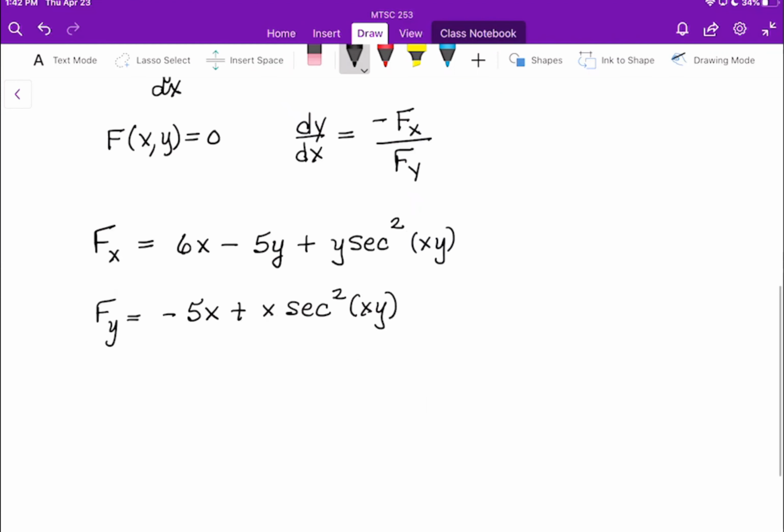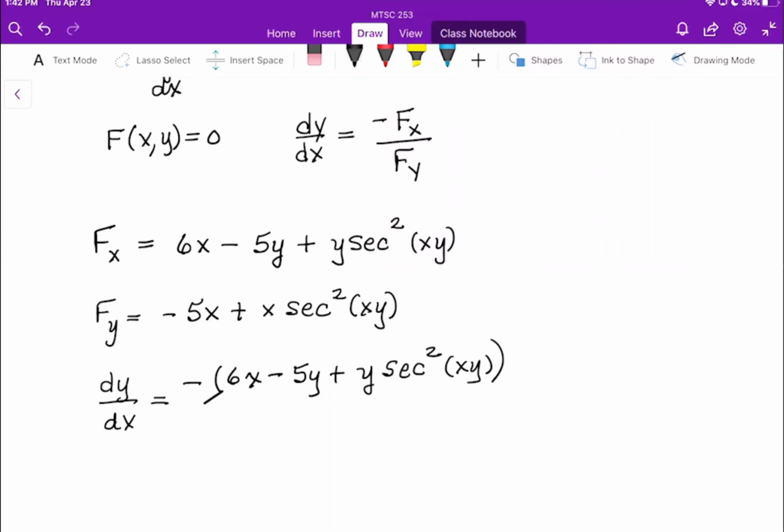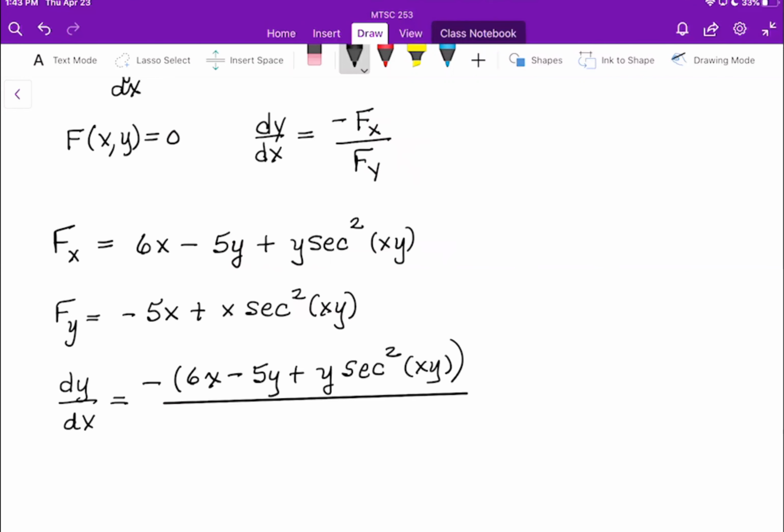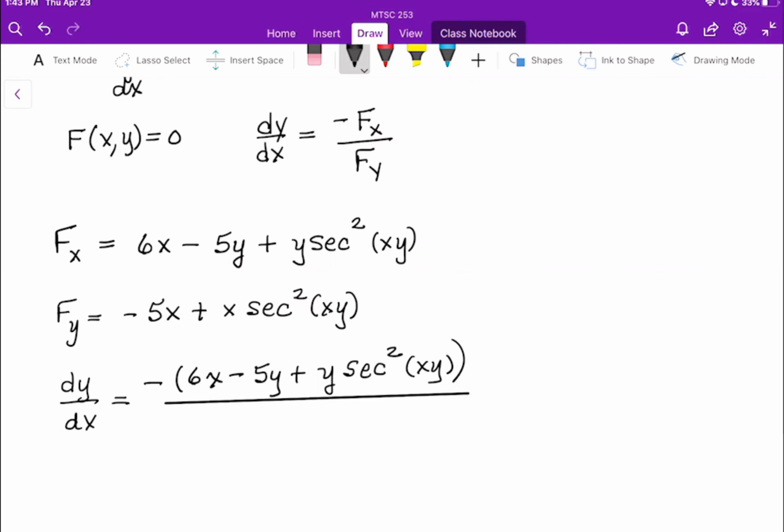So therefore, dy dx is minus 6x minus 5y plus y times secant squared of xy, divided by x secant squared of xy minus 5x.